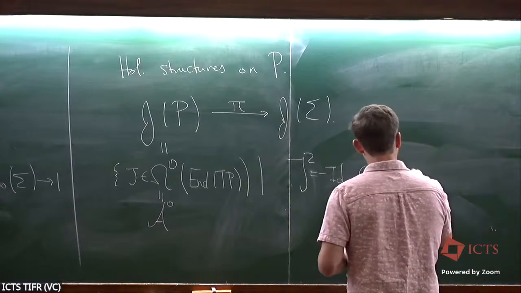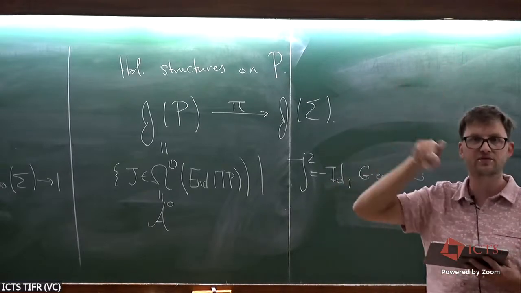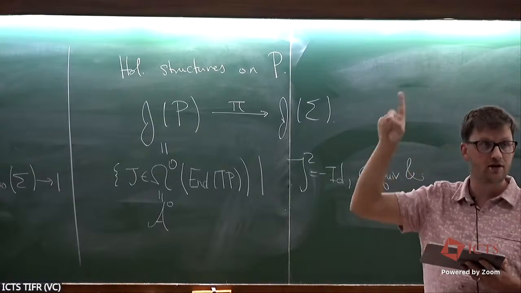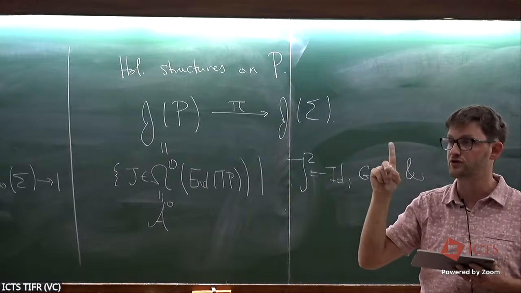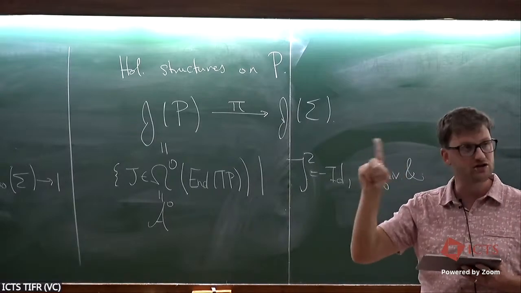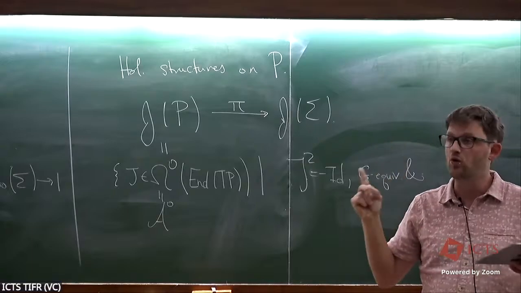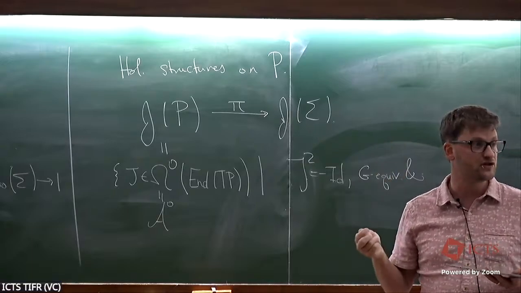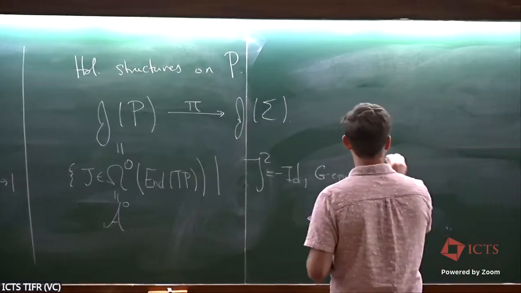And most importantly, the fibers of my G-bundle are G-torsors. So their tangent space already has a natural complex structure coming from the group. I want it so that when I restrict the complex structure to the fiber, it's the one on the tangent space of G, the Lie algebra. How do I write that?